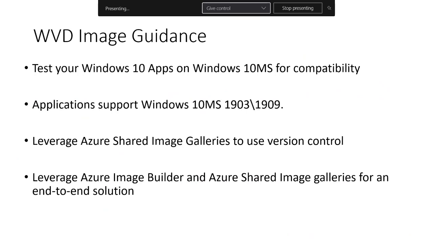And for image creation itself, if you already use something on-prem like a Packer kind of environment, you can continue to use that, or Azure has a native technology now, Azure Image Builder or AIB, that could be used in combination with the shared image galleries to provide this kind of solution, right?